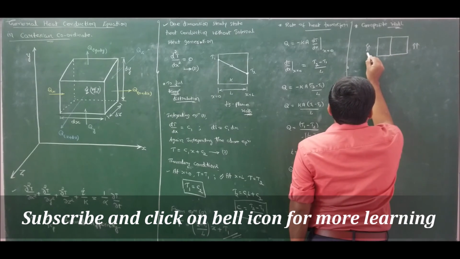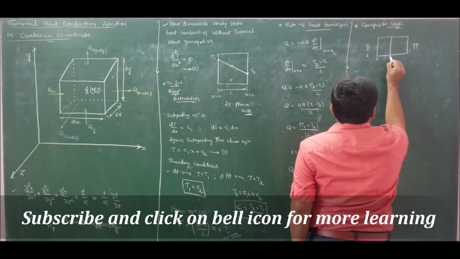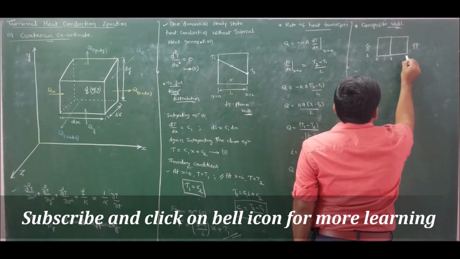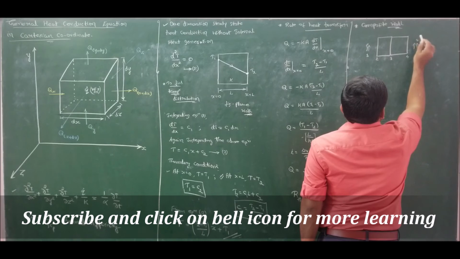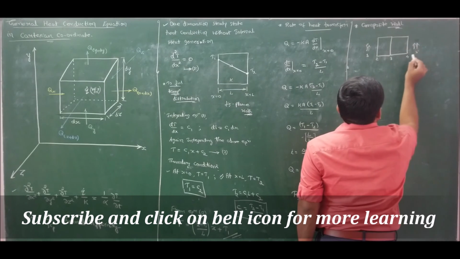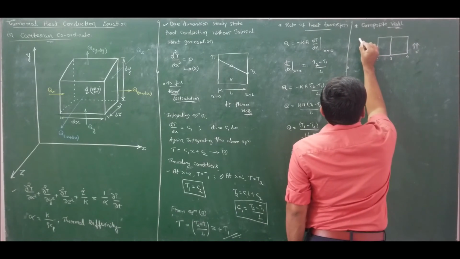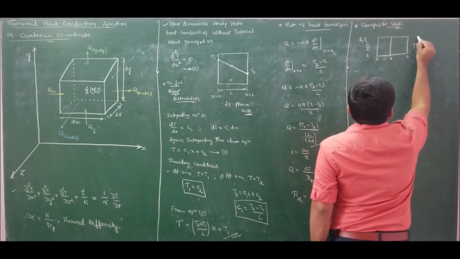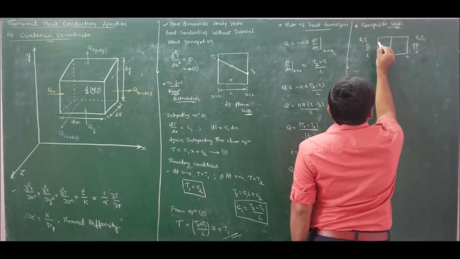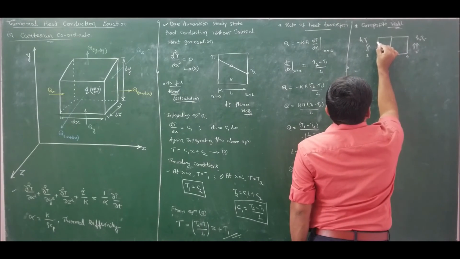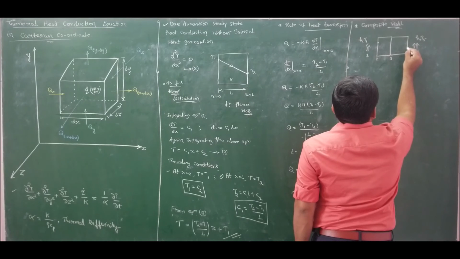Let us take this point as 1, this point as 2, this point as 3, this point as 4, and this point as 5. Let us call the convective heat transfer coefficient as H inner at T1, this as H outer at T5, and we have the variation of temperature from T2 to T4.